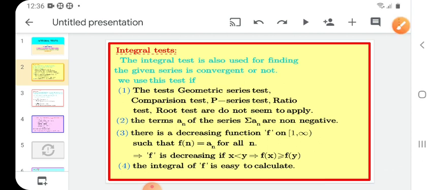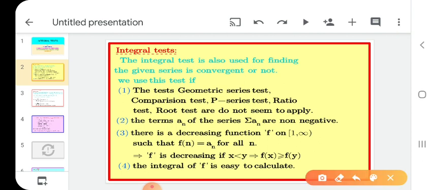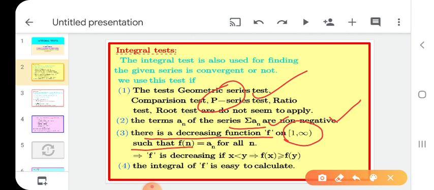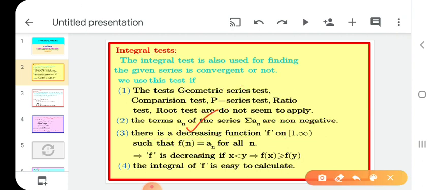When we use the integral test, first of all, the series does not seem to apply to all the earlier tests, that means we can't determine whether the given series converges or not using them. Next, the terms of the given series are non-negative. And there is a decreasing function f on the interval 1 to infinity such that f(n) equals a_n, and the integral of f is easy to calculate.